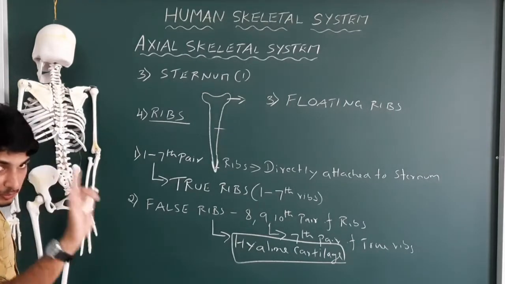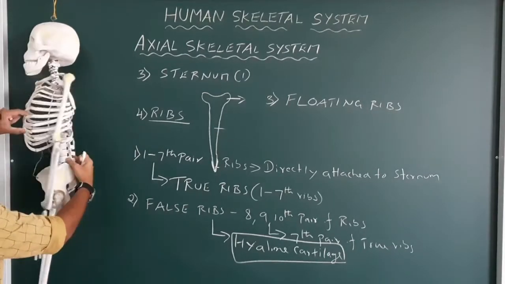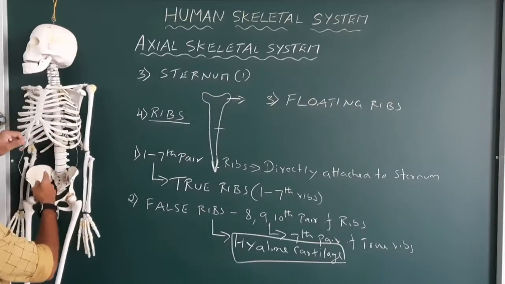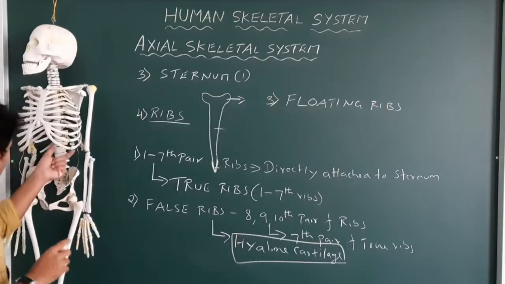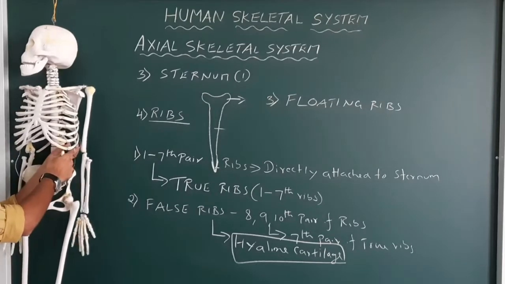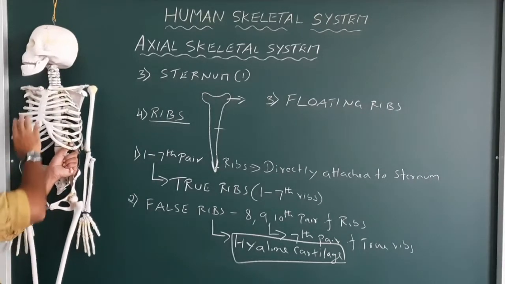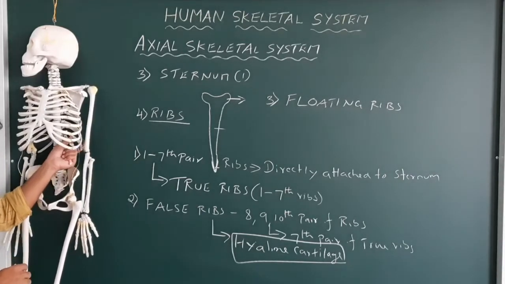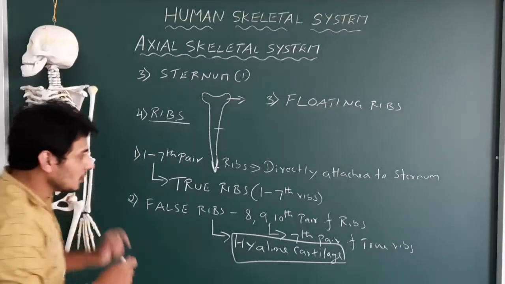They are arising from the vertebral column, but they are not even connected to the 7th pair or to the sternum. They are floating. They are not connected with any part on the ventral surface, so they end here itself. The 11th and 12th pair are called floating ribs.